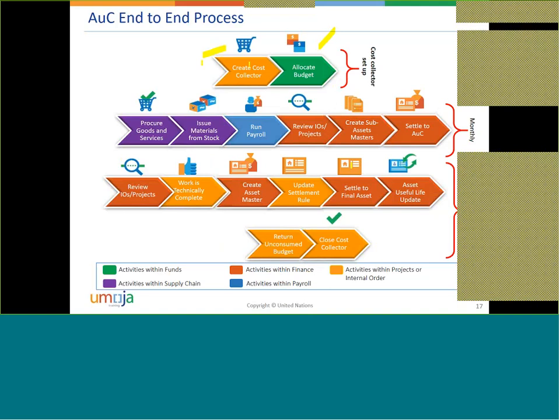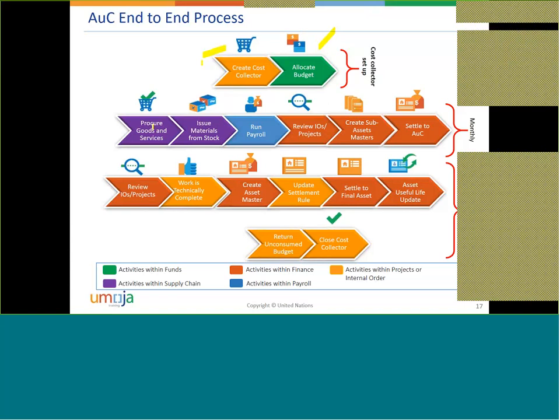who is doing what. So you see, create cost collectors is orange, so it's done within projects or internal order. Okay, in which module? So who is working also in the project is PP01. So it will normally be done by a project manager in the engineering section, but in collaboration with FA16 because some of the points in the project are quite finance oriented. Allocate budget is done in FM, so it's done by budget officers.